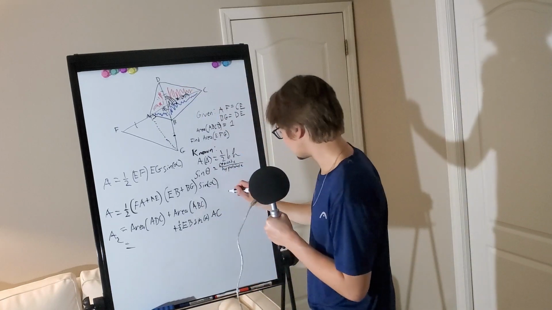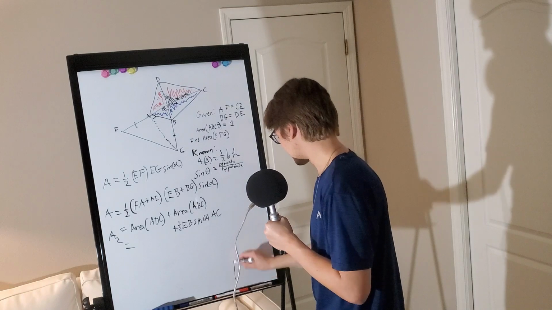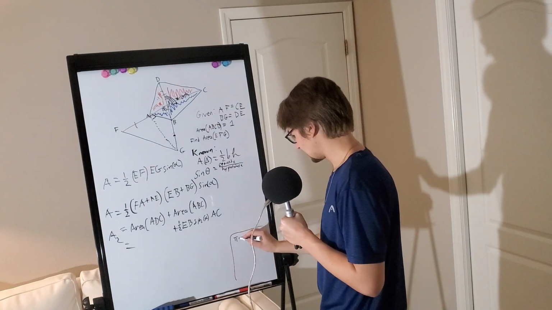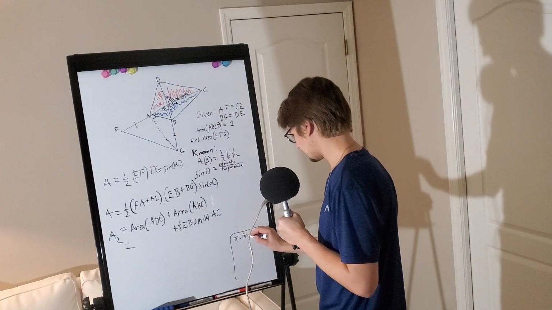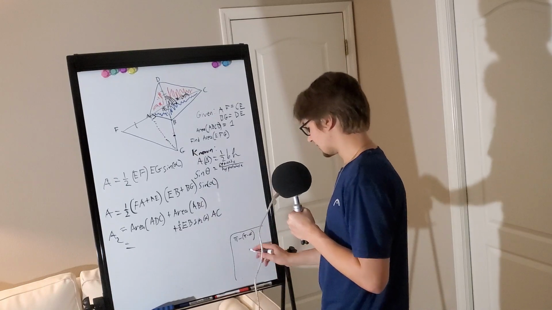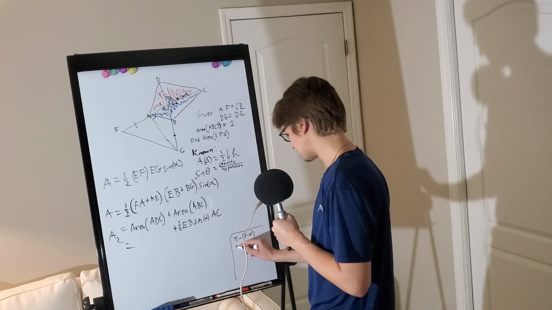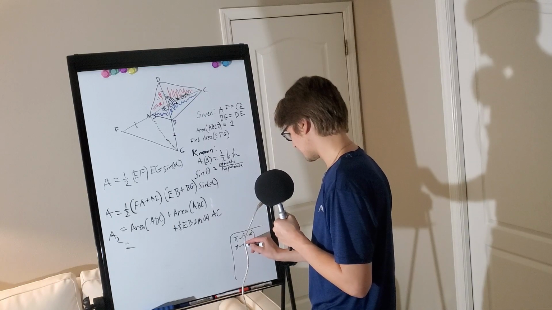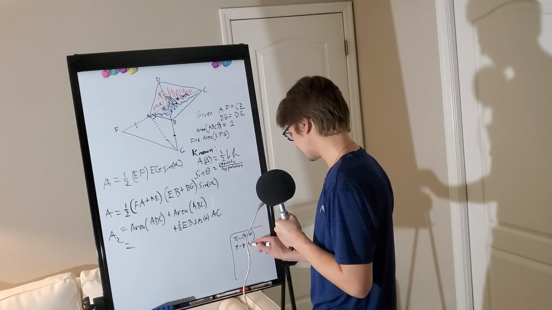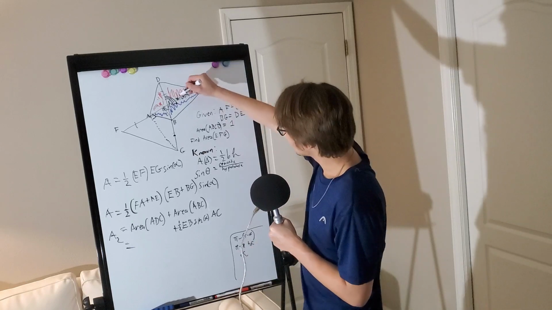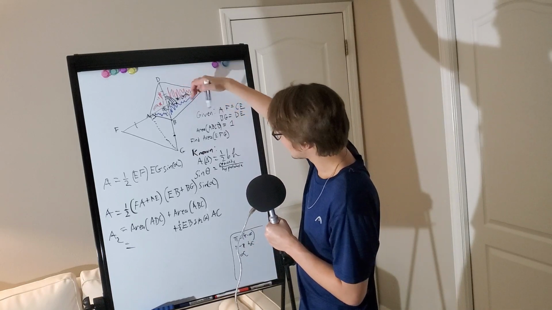Now let me write this down here real quick in a box. Pi minus alpha. If you actually distribute the minus sign, that is just pi minus pi plus alpha, and that's just alpha. So actually this angle right here is just alpha.